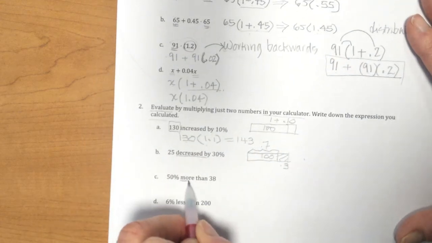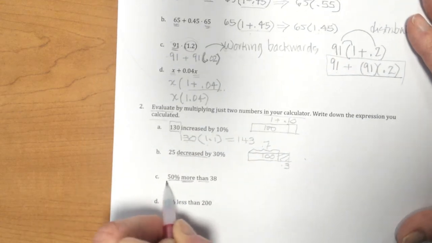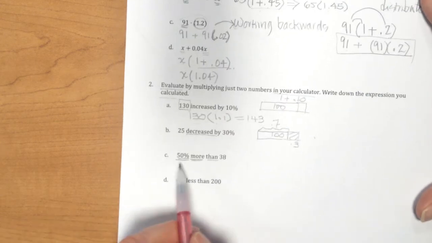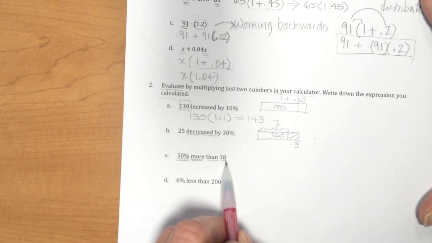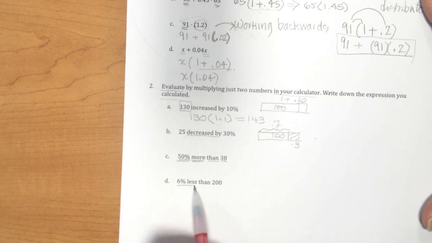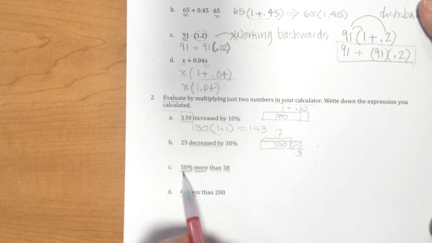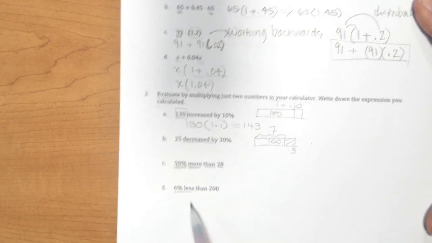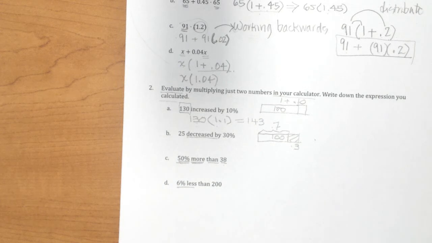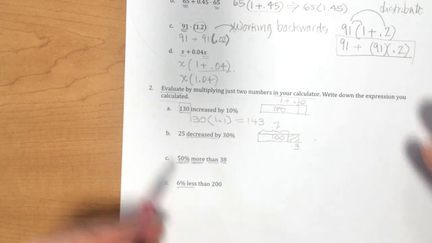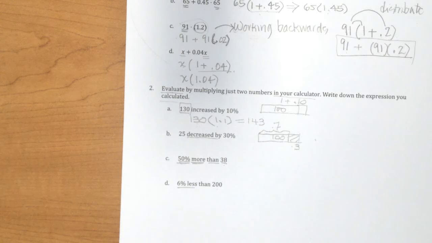Same thing here, more than, so 50% more than, again, thinking about this as being the whole. 6% less than. So again, I'm going to have a bigger number. I'm going to have a number that's going to be smaller. So go ahead and do these on your own. Give it a shot. Use a calculator.